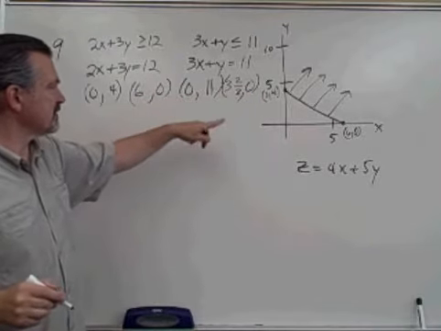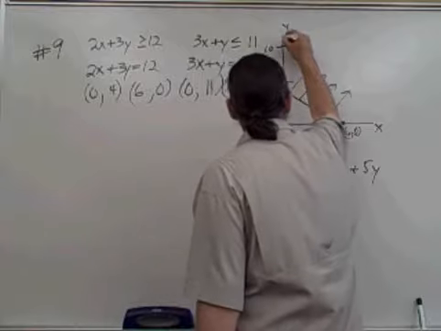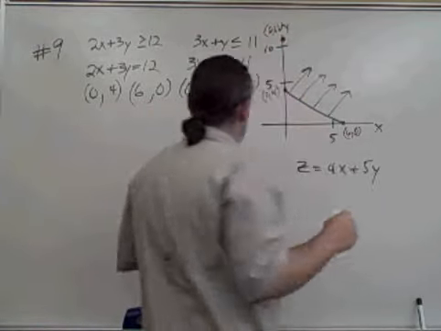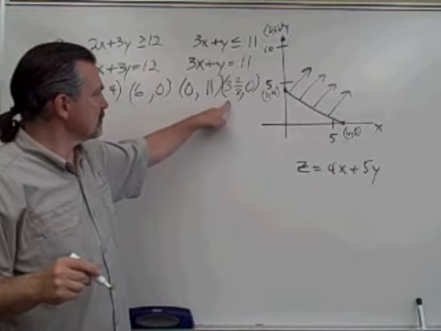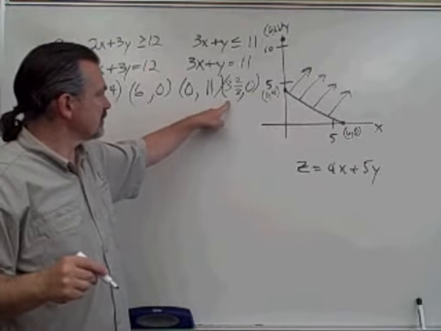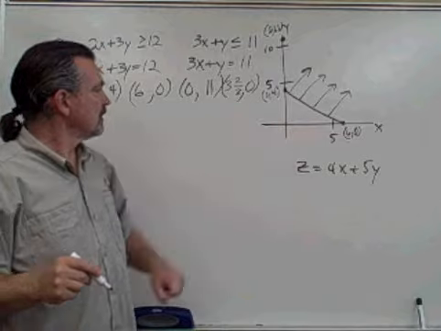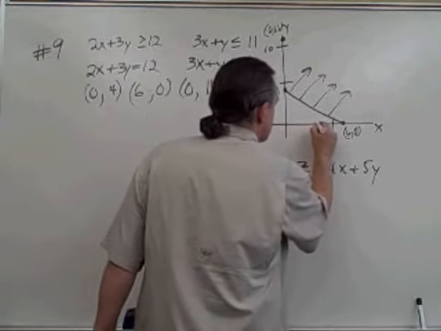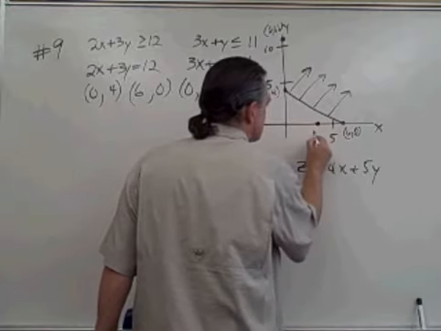So if x is 0, y is 11. That's up here. It's the point 0, 11. And if x is 3 2/3, that gives me a y value of 0. So 3 2/3 is roughly there.